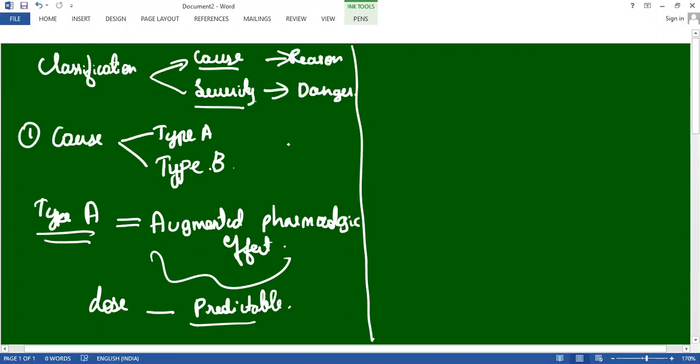The reason is that if you take any medicine, the side effect from the medicine may happen. A common example is the headache. Taking more of the drug may also lead to headache.